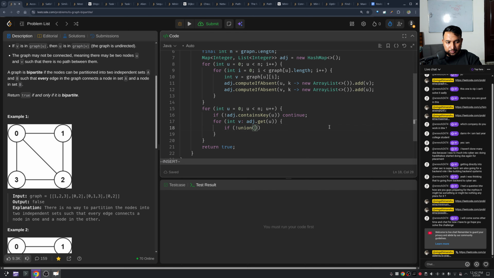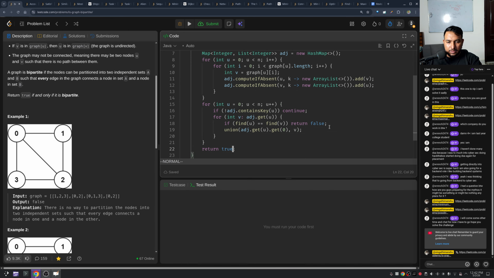In that case, we will say, or we can do find of u false, and then we can union the hash dot get u dot get 0 to v. I think this should be fine.